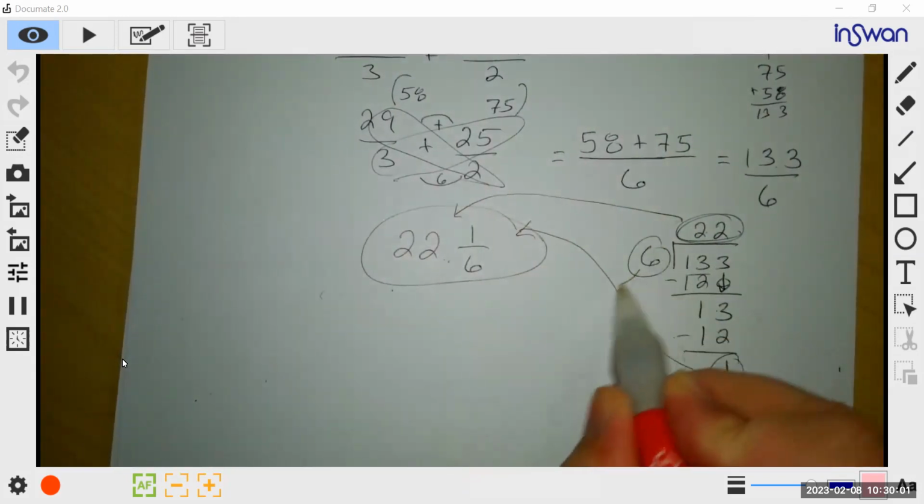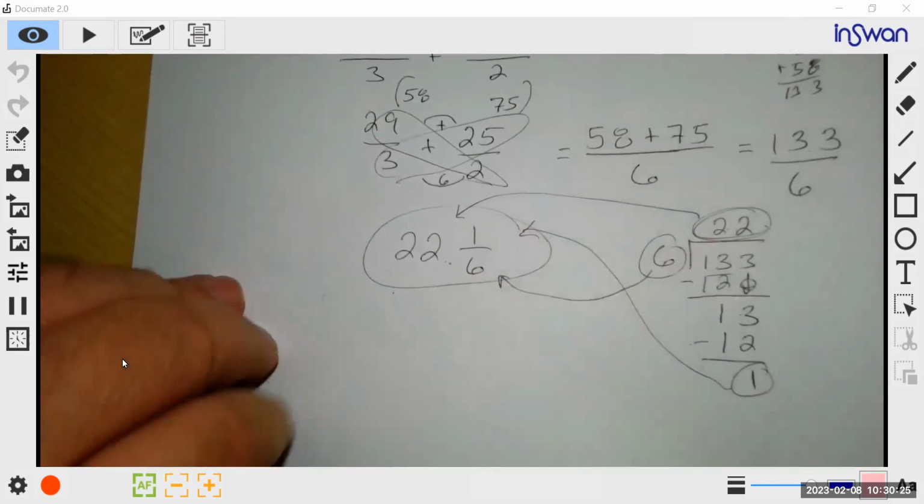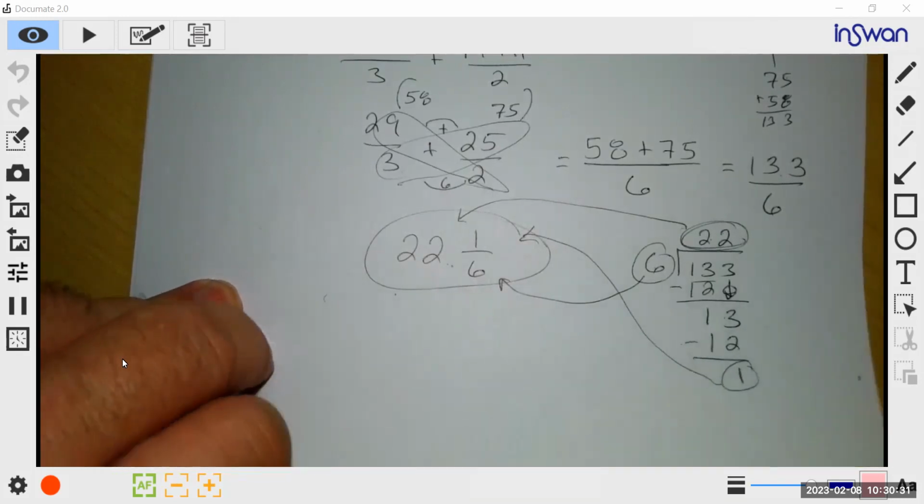The denominator is whatever I divide by. We should remember how to convert from mixed number to improper and then improper to mixed number. That's the only hard part about it.